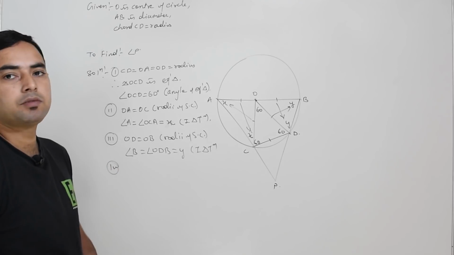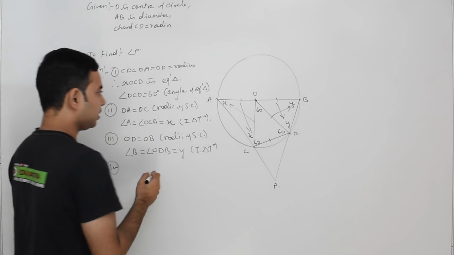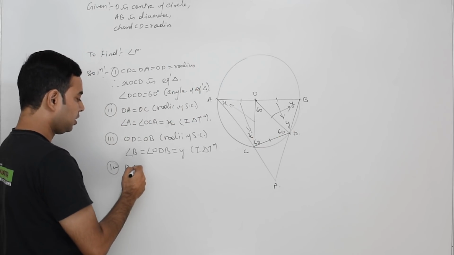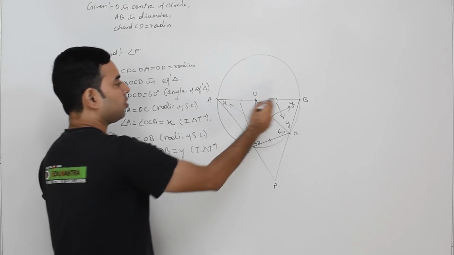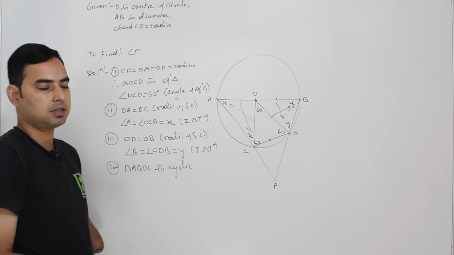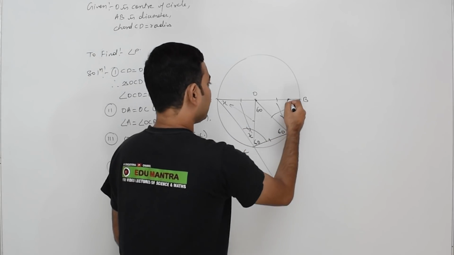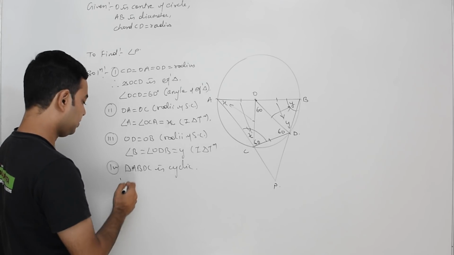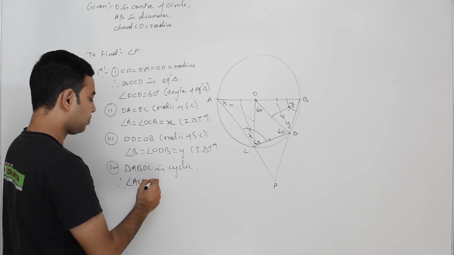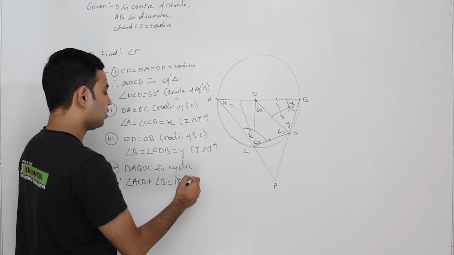In the fourth point, we will write down quadrilateral ABDC is cyclic, because all the vertices are on the circumference of a circle. Therefore, opposite angles are supplementary. It means that angle ACD plus angle B is equal to 180.